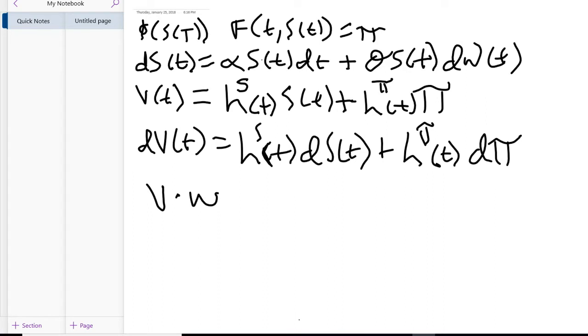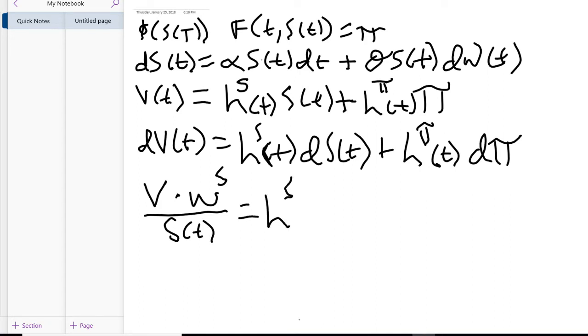Let's take the stock first as an example. So it's the value process times W superscript S to denote the weight of the underlying asset. That would be the total amount of money you had invested in the underlying asset. And then if you wanted to get back to the shares, you would simply divide by what that asset costs at that time. So that's H superscript S.